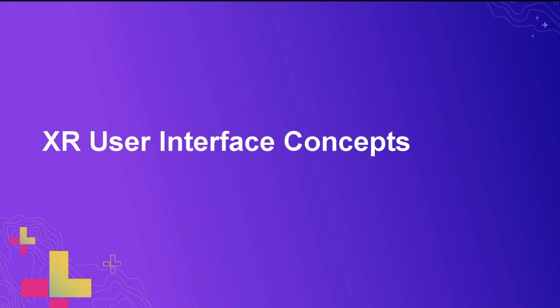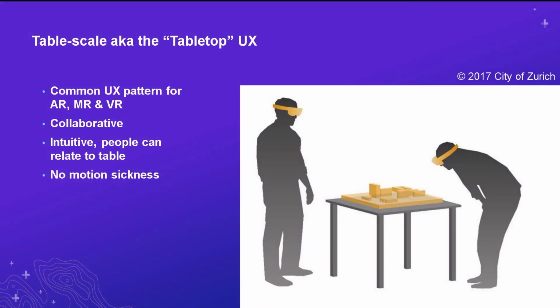Next, let's take a look at XR user interface concepts and get a better handle on some of those concepts. One is table scale, which is a common pattern within the XR space. In general, tabletop or table scale represents a virtual small-scale representation of a model or a real-world object, a landscape or features, really just a scene.